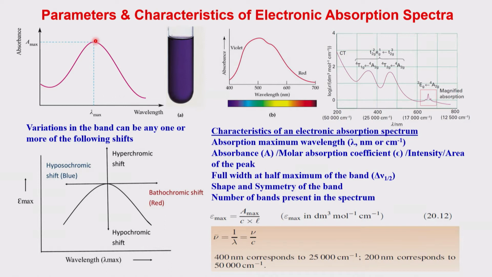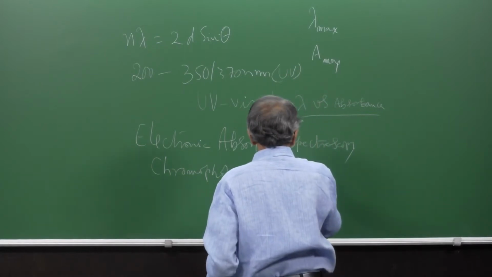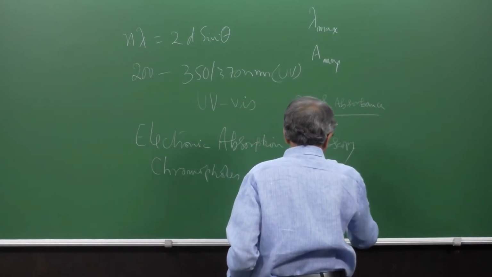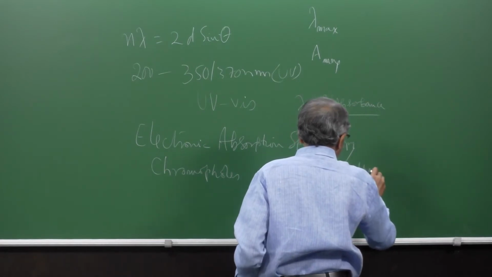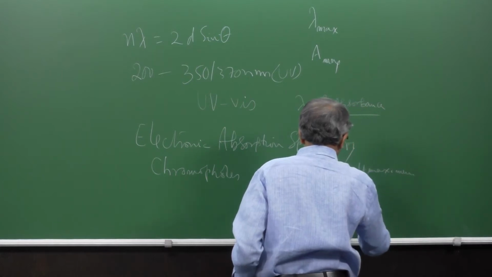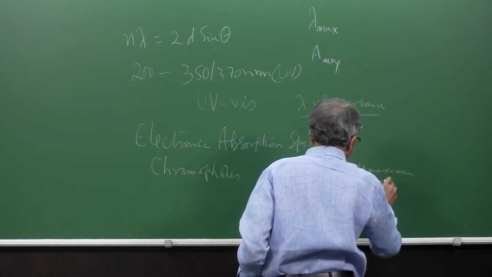So these are the two things. Can we get anything else from this? Yes. For example, the width of this peak is explained as the full width at half maximum, also referred to as FWHM.